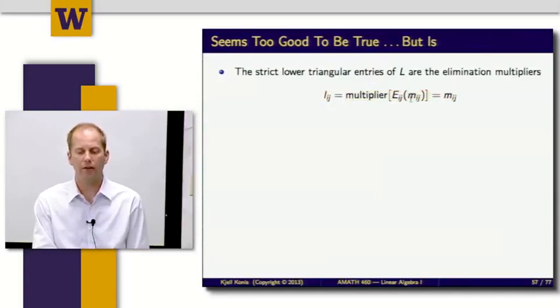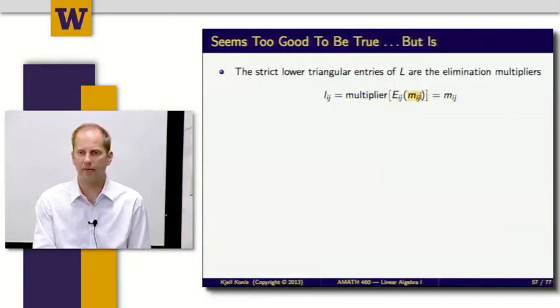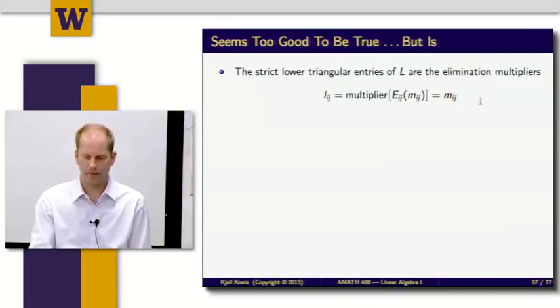So I've been writing the multiplier in parentheses when I write down my elimination matrices. So if I called the multiplier m sub ij, well, that's exactly what I'm going to put in the entries of this matrix L. So Lij gets whatever multiplier I used in the ith, jth elimination.